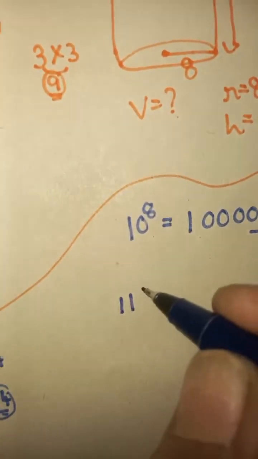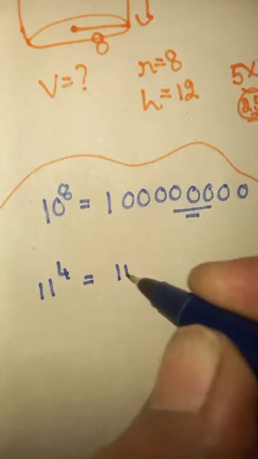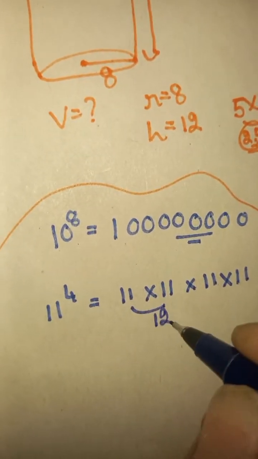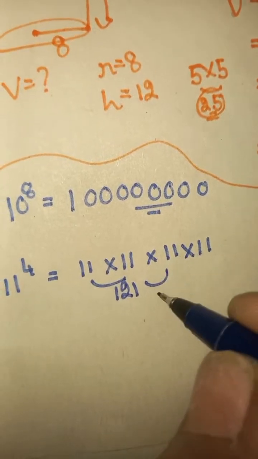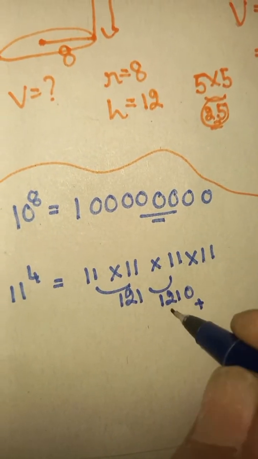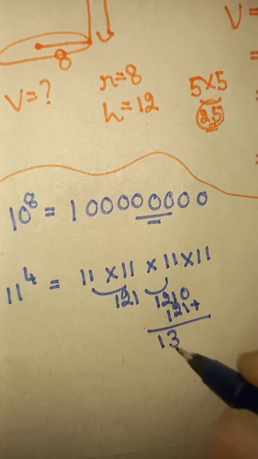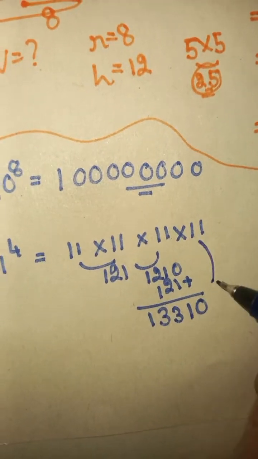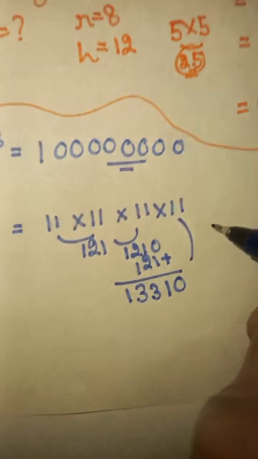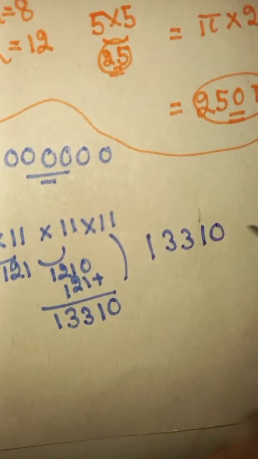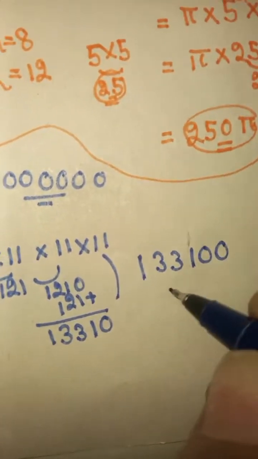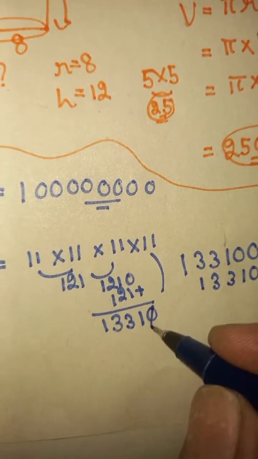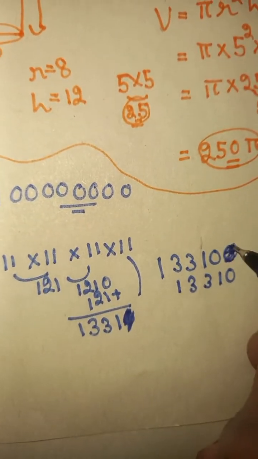And they give 11 power of 4. 11 power of 4 means 11 times 11 times 11 times 11. 11 times 11 is 121. 121 times 11 means 1210 plus that same 121, which gives 1331. Then 1331 times 11 is the same thing: 13310 plus the original 1331.